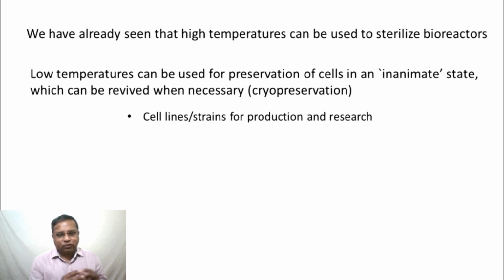Low temperature is used for maintaining those cells in an inanimate state, and when needed they can be revived for production as well as for research. A lot of research depends on the availability of cell lines at a certain state. Right? In fact, that becomes very crucial for maintaining the research in some labs.